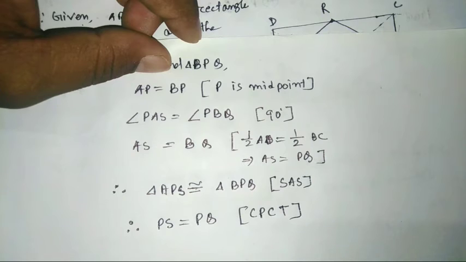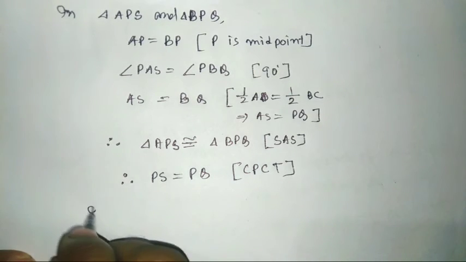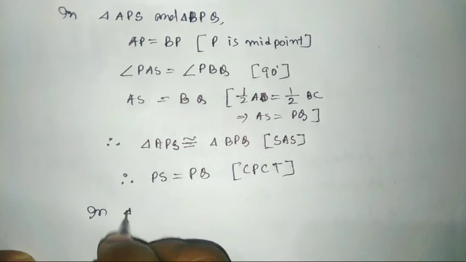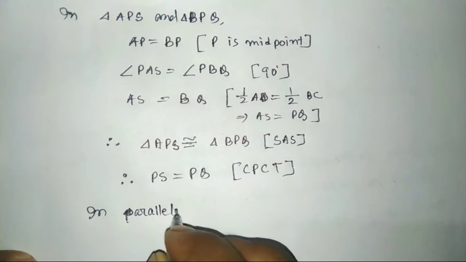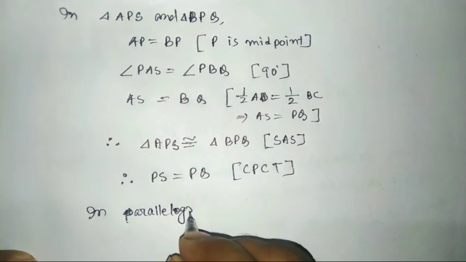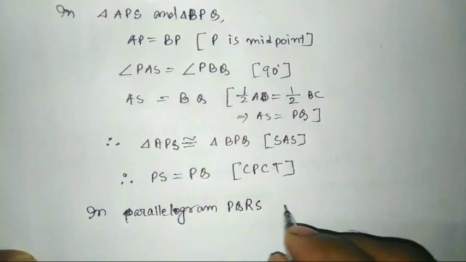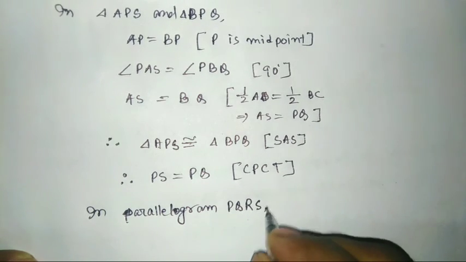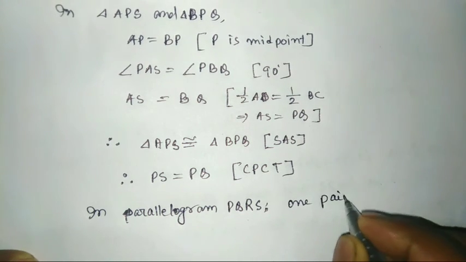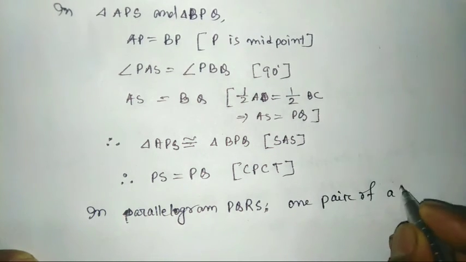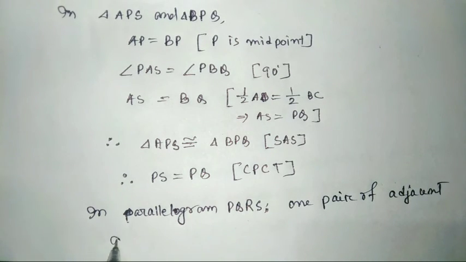So in conclusion we can write, in parallelogram PQRS, why parallelogram? Because we have proved that PQRS is a parallelogram. In parallelogram PQRS, one pair of adjacent sides are equal.